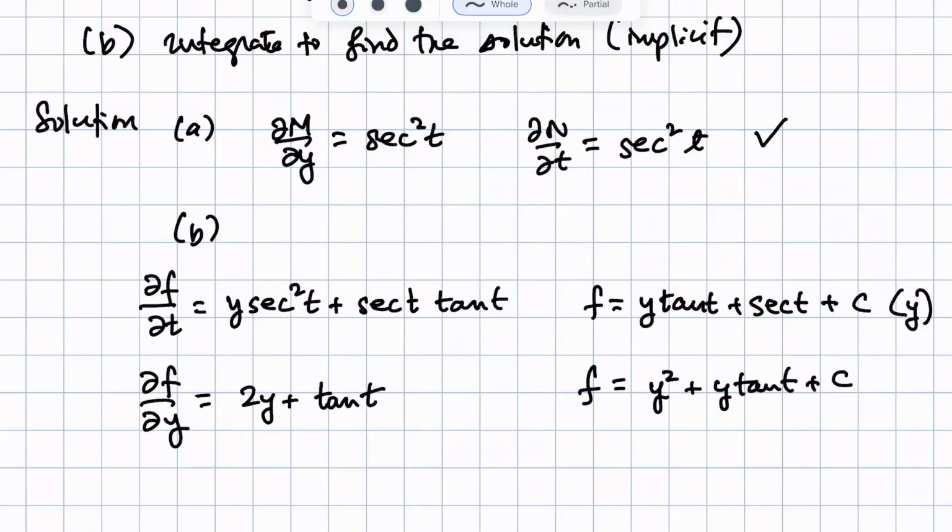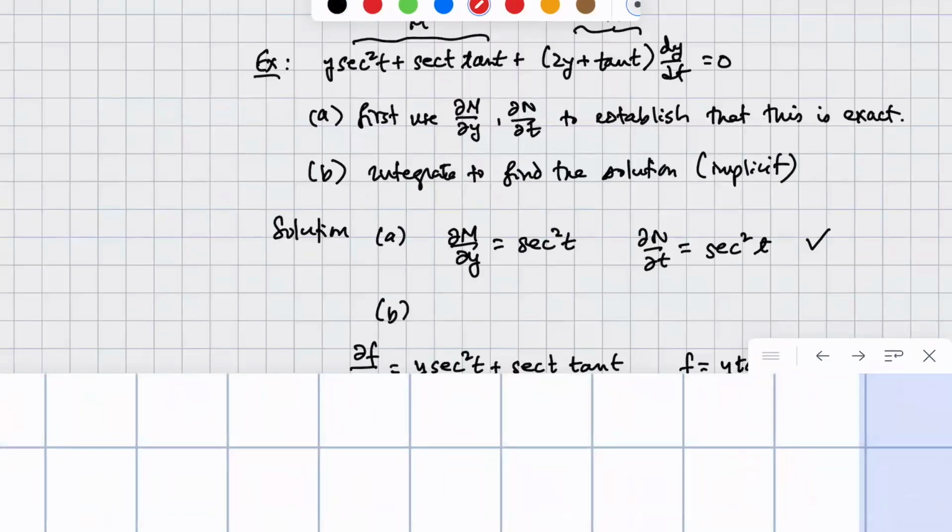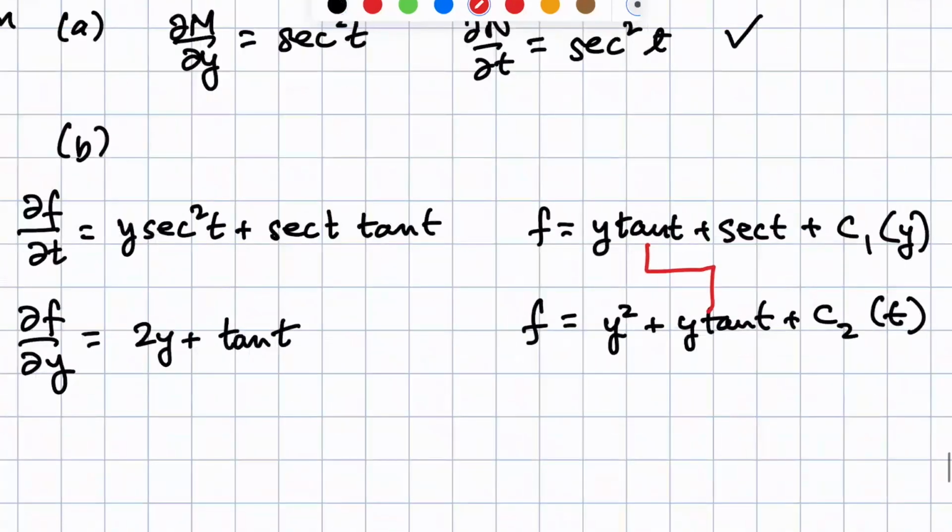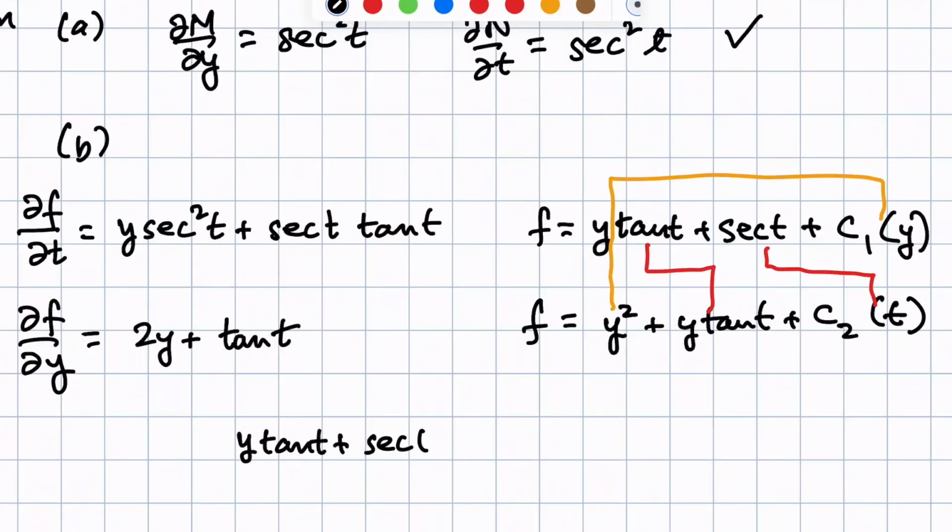This constant should have been c1. This constant is c2, and it could contain t. So let's take a look at compatibility. Here's my y tangent of t, and then my secant t can go into here, and then my c1 of y can be that. So my solution is y tangent t plus secant t plus y squared equals a constant.